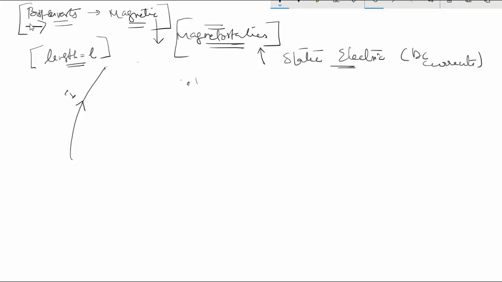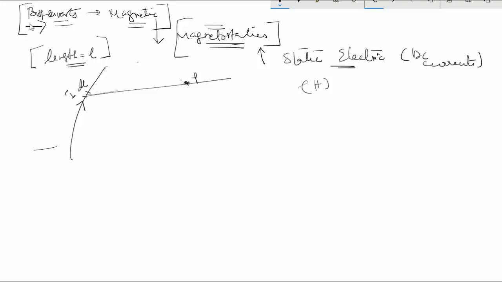And if I am finding the magnetic field intensity, which is given by H, at a point, I am taking an infinitely small length dl and finding the magnetic field intensity at a point located at P.